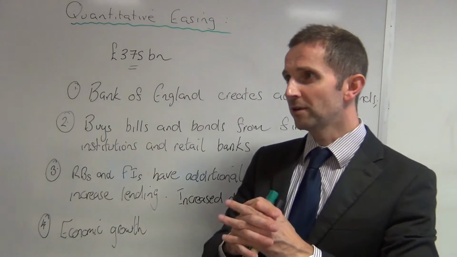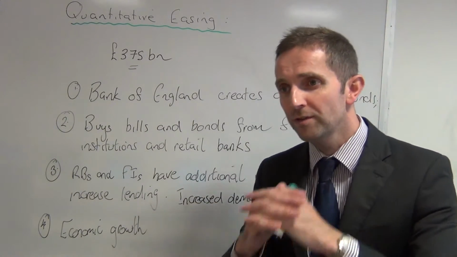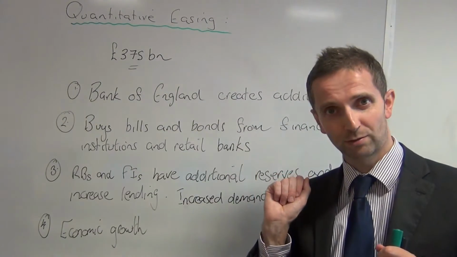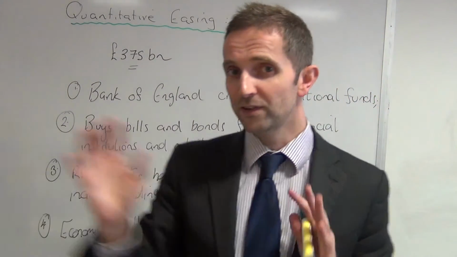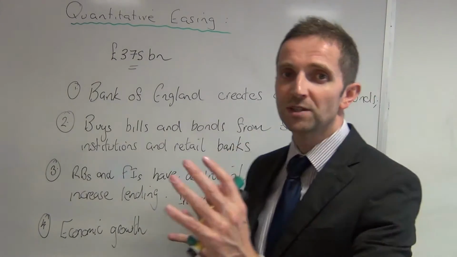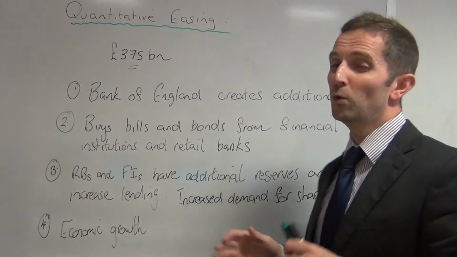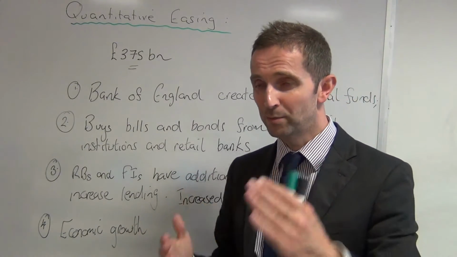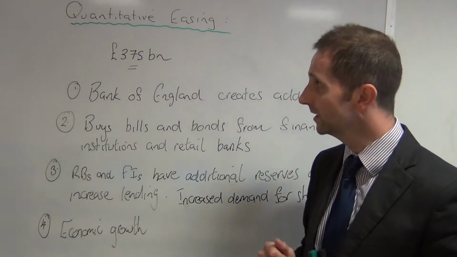So we've had this 0.5% rate, but that didn't really stimulate any economic growth, and so the government and the Bank of England put their heads together to try and come up with some other type of lever, because they'd already pulled on the base rate lever, and they'd pulled on the fiscal policy lever of government spending and taxation, with which of course there was little room to manoeuvre because our national debt and budget deficits were so enormous anyway.